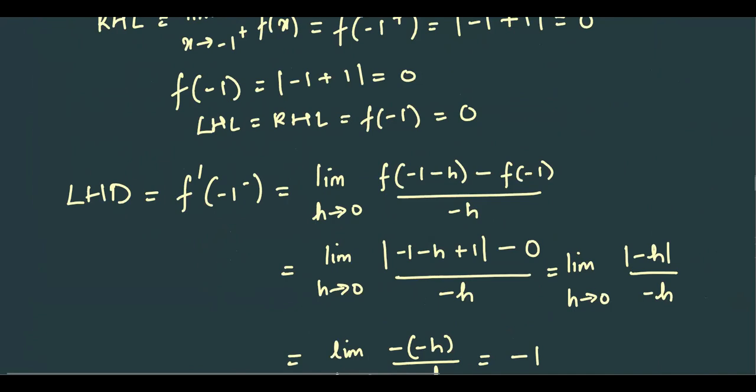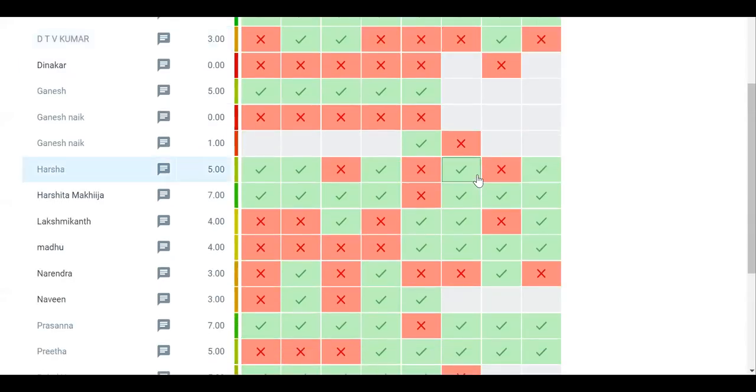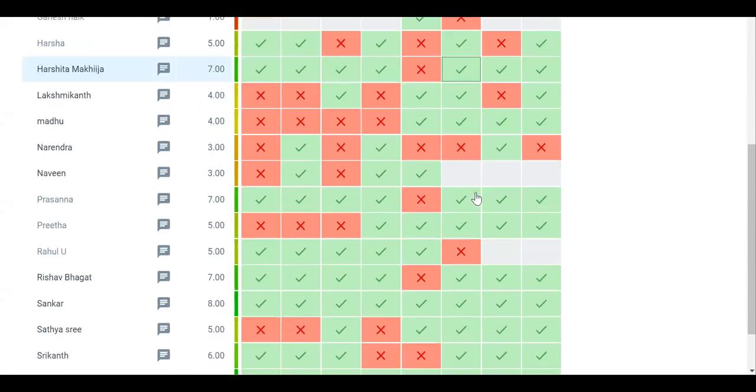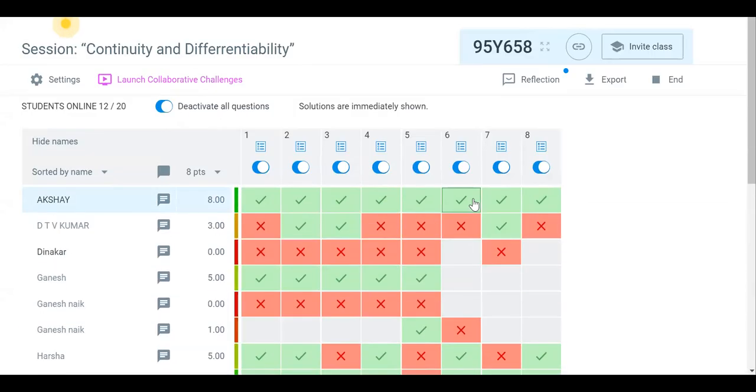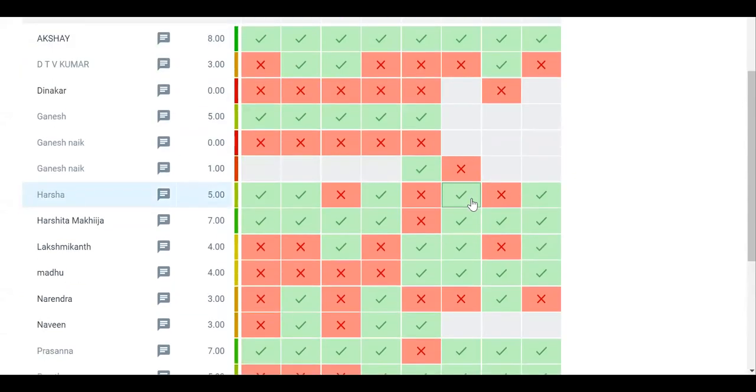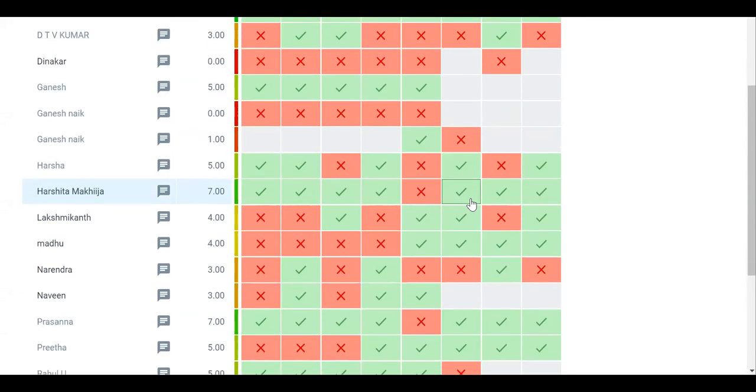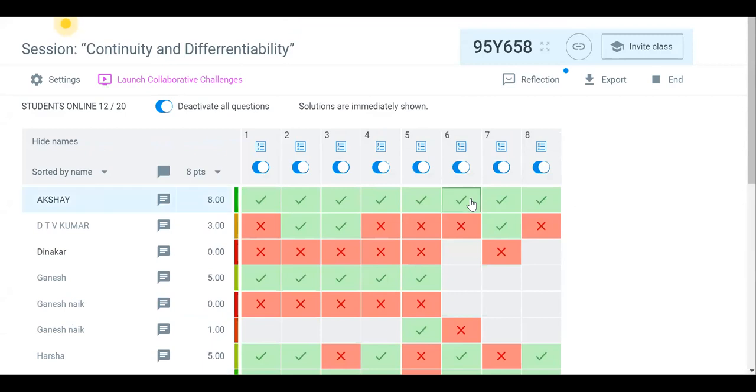I'll be sharing these notes. Those of you who made mistakes, who could not answer correctly, please go through them. Some of you have got full correct, very good. If you have not got things correct, then there is some conceptual error, so you should go through the concepts.